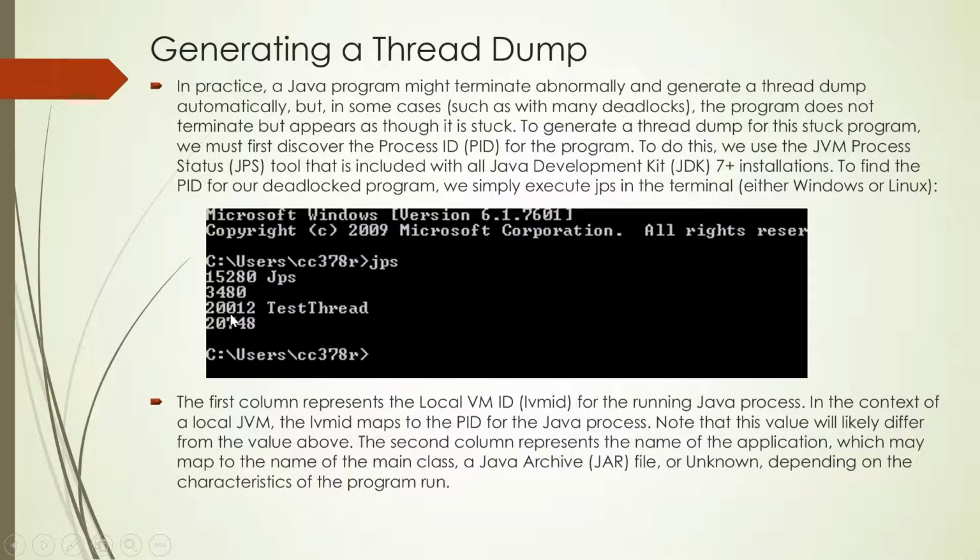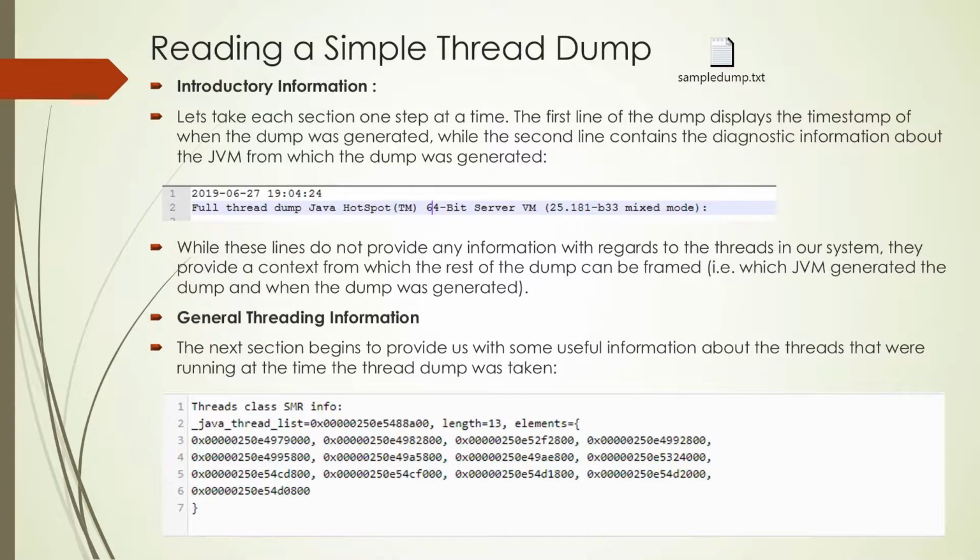This is how you identify that process, and you run a thread dump on it. In a similar fashion, JCMD can also be used to identify the Java processes running on your system.